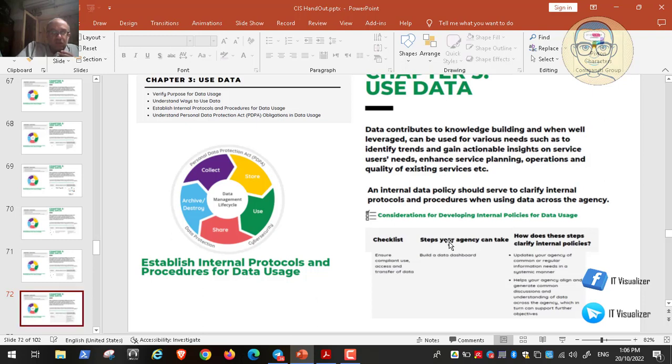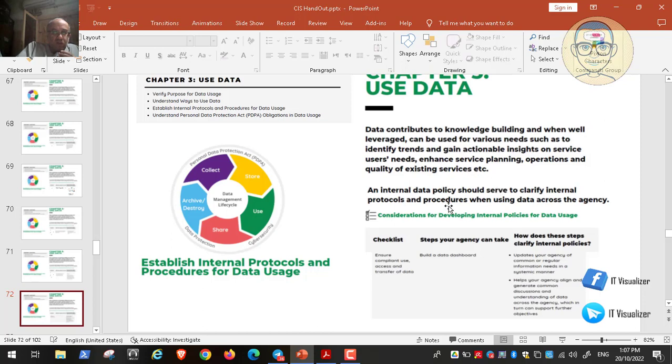This is all still about internal data policy. The last thing is to ensure compliant use, access and transfer of data, and build a data dashboard. Update your agency's common or regular information needs in a systematic manner. So here it says that you should update your internal data policy, and it should be compliant with, for example, the government data policy.